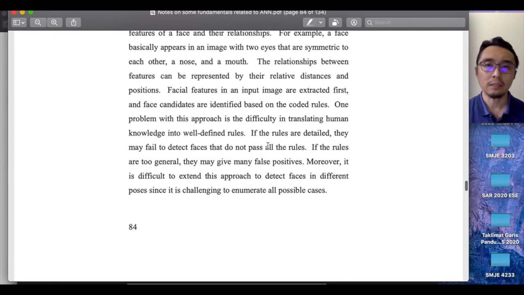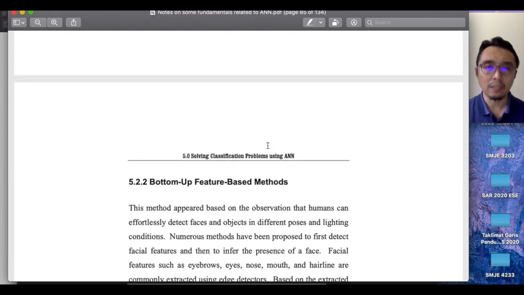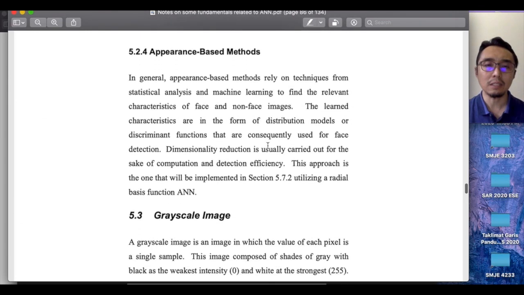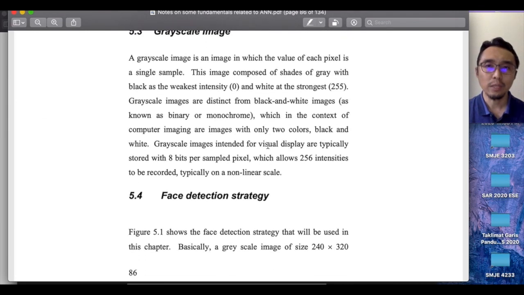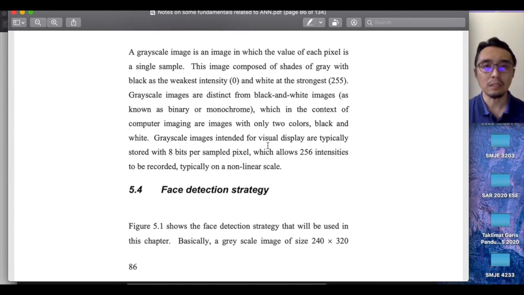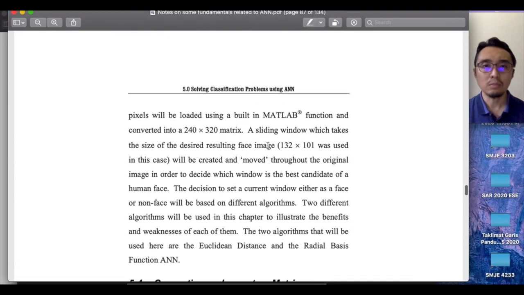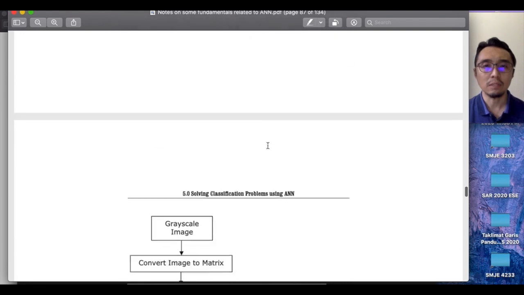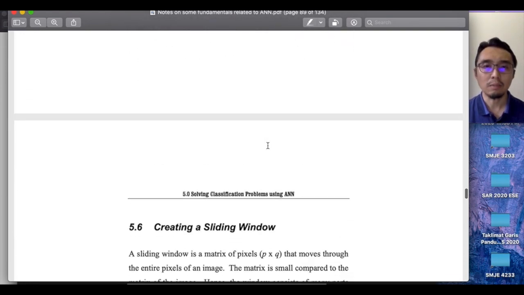So you can read and study it, although this is not really a good way of solving the problem because it is not really using the information from the image properly.